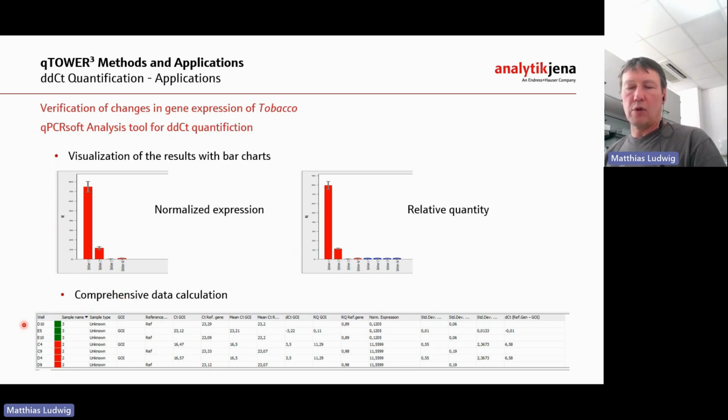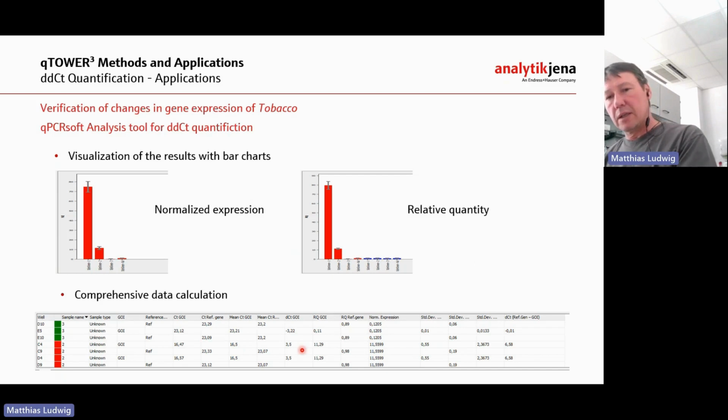But we also have this comprehensive data calculation. That means it's not necessary to export the raw data. Everything you need for delta CT quantification, the software calculates for you. Based on the CT values for the gene of interest and for the reference gene, we also make a mean CT when we work with replicates.